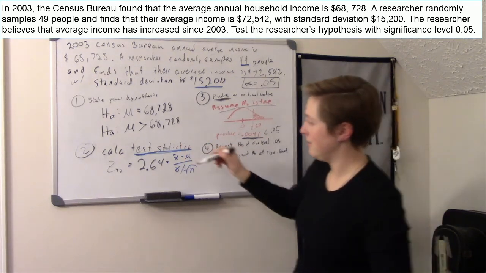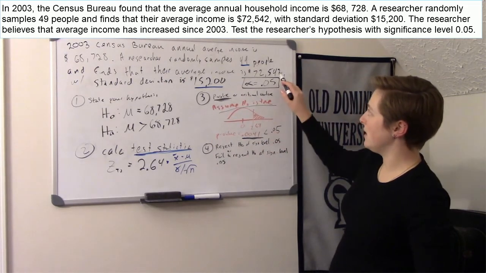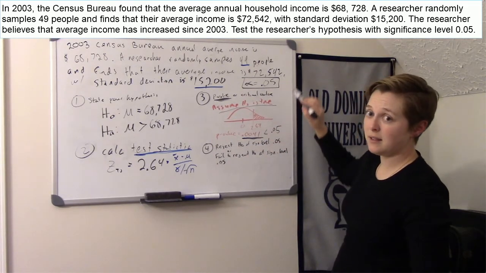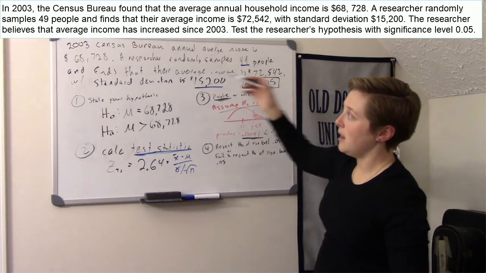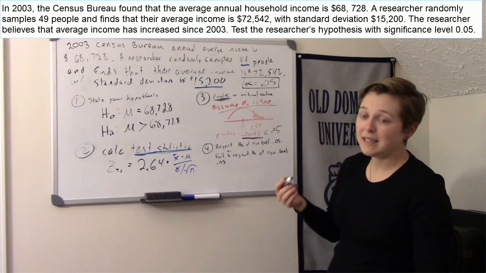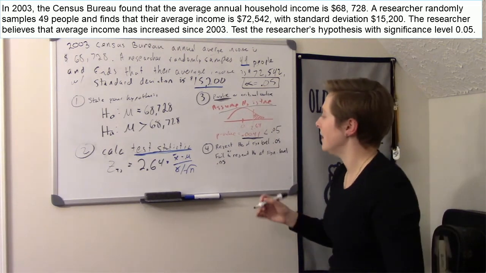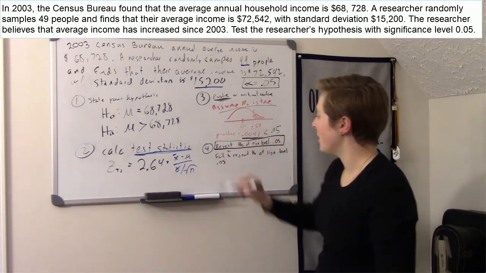We're going to say, no, this is not reasonable. The probability of observing a sample mean of 72,542, if the true population mean is 68,728, was really unlikely. So we are going to reject the null hypothesis.